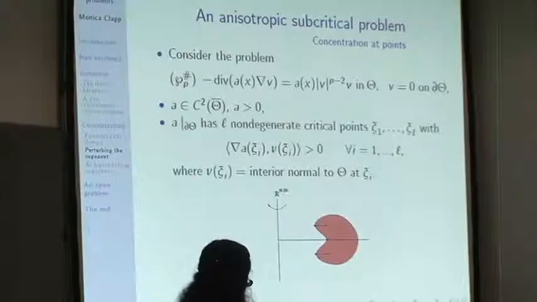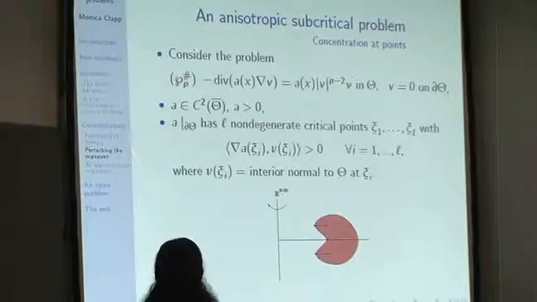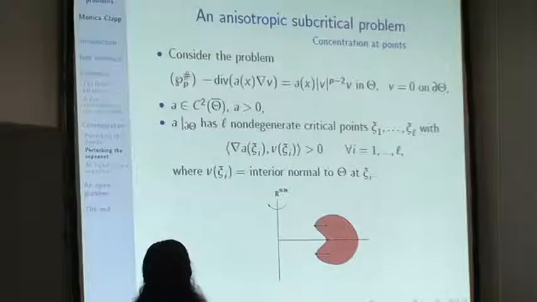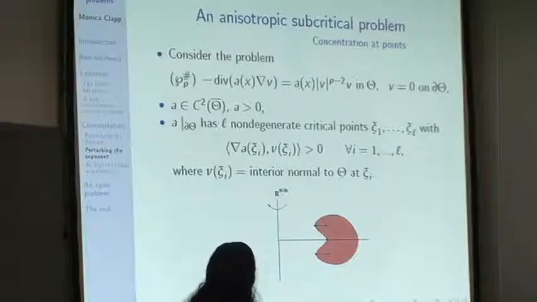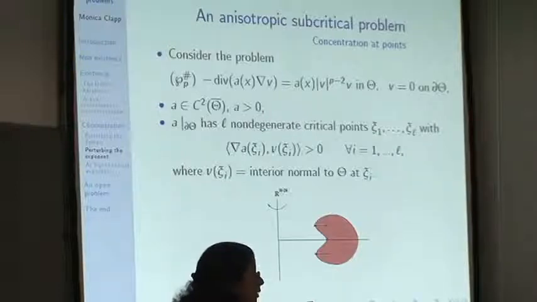So let us look at the restriction of A to the boundary of theta. So theta is the guy who's rotating, okay? Theta is this guy. And we are assuming that it has L non-degenerate critical points with the property that the gradient at each of these points points into the interior of the domain, okay? So these points have that property.